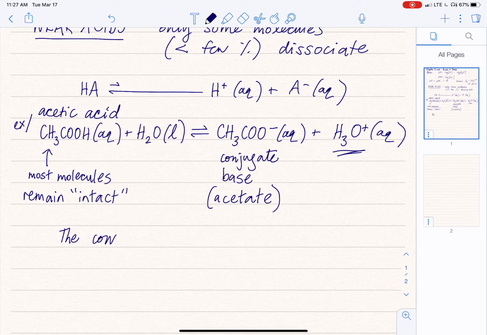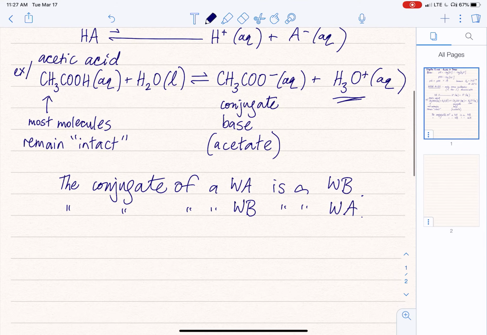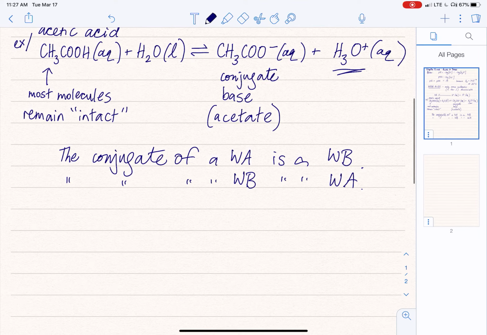So the conjugate of a weak acid, which I'm going to abbreviate as WA, is a weak base, which I'm going to abbreviate as WB. So I can say that, and I can also say the opposite, that the conjugate of a weak base is always going to be a weak acid. We'll talk about weak bases a little later, because you always have something with enough base or acid strength to drive the equilibrium in the opposite direction.